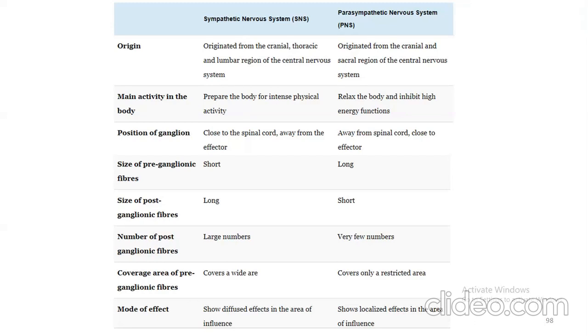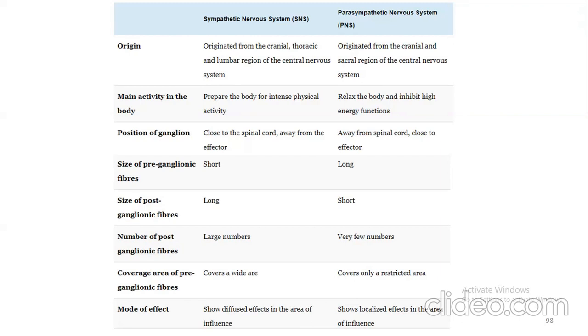Now the size of preganglionic fibers is short in the sympathetic and long in the parasympathetic. Next is the size of postganglionic fibers: long in the sympathetic and short in the parasympathetic. The number of postganglionic fibers is large in the sympathetic but very few in the parasympathetic. Coverage area for preganglionic fibers: the sympathetic covers a wide area, while the parasympathetic covers only a restricted area.